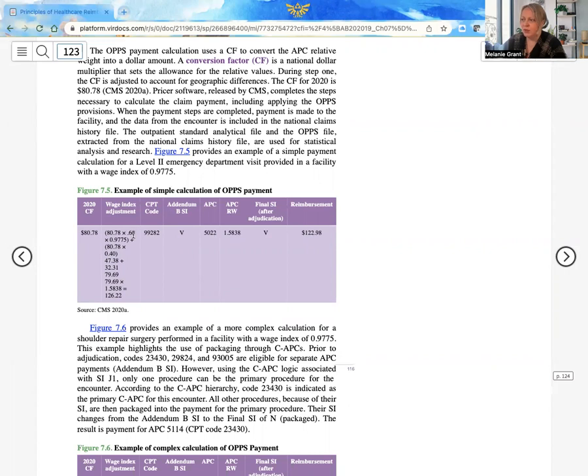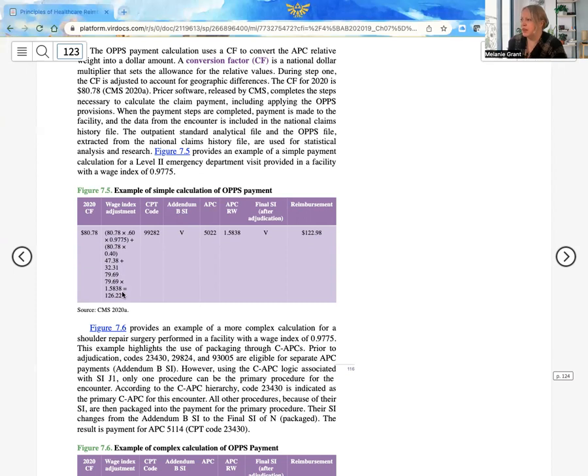We multiply it for the service at 60%, and then times the wage value. Then we add it for the non-labor service without the wage value, which gives us the total amounts of 47.38 and 32.31. Adding that together, we get a total of 79.69.